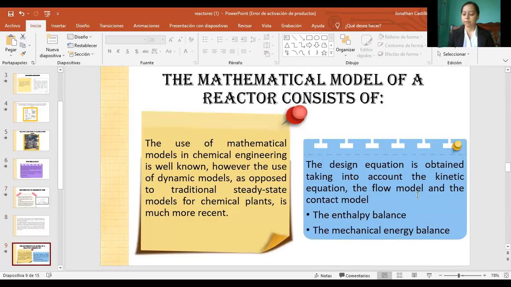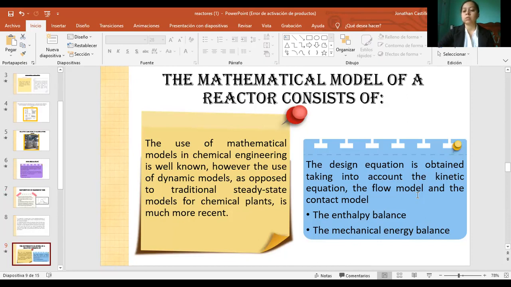The mathematical model of a reactor: the use of mathematical models in chemical engineering is well known. However, the use of dynamic models applied to the simulation of chemical plants is much more recent.